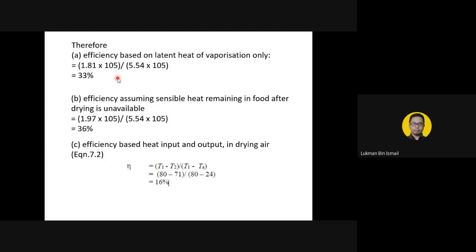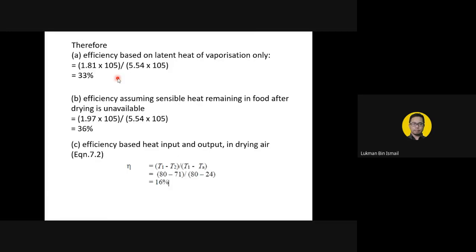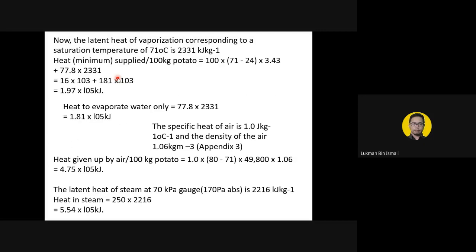Efficiency based on latent heat of vaporization only: 1.81 is the heat to evaporate water only, and 5.54 is the heat in steam, the latent heat of steam.